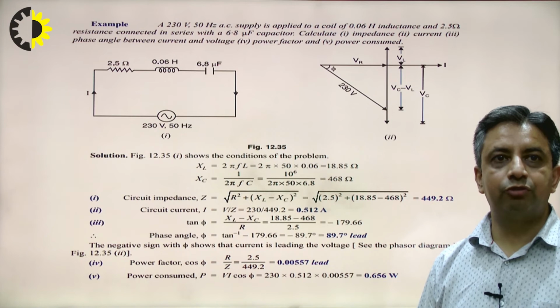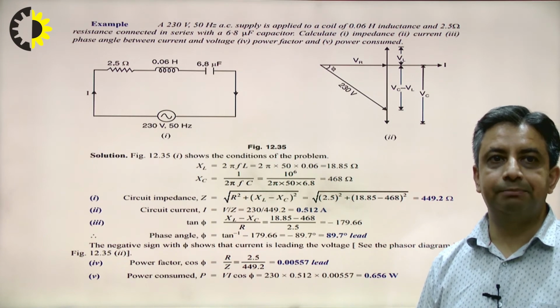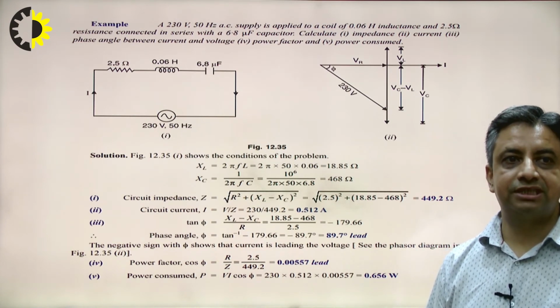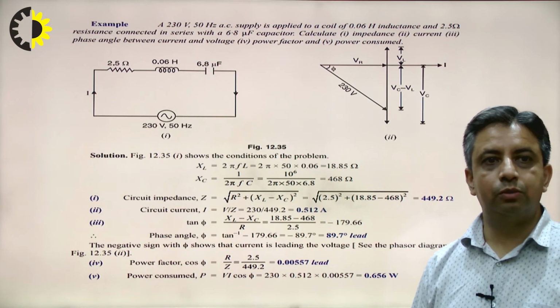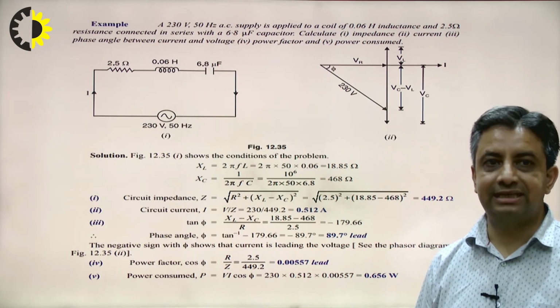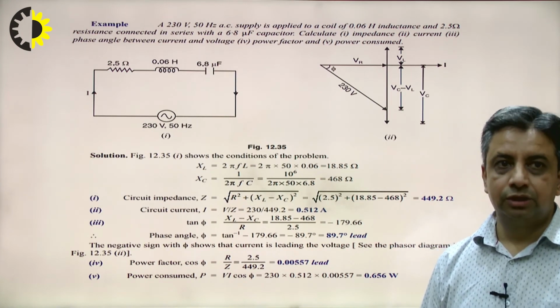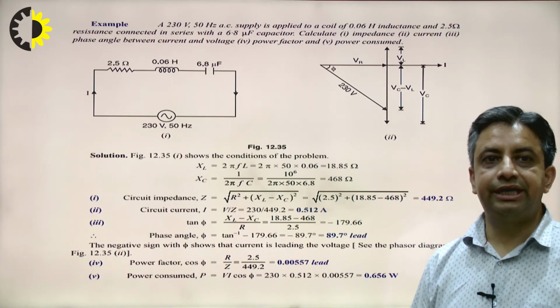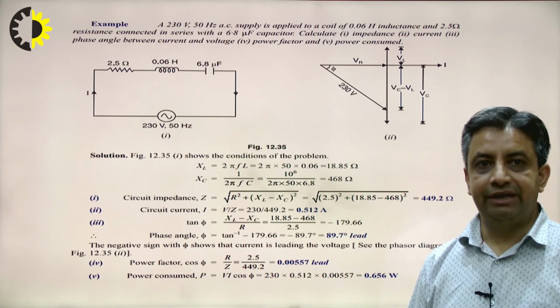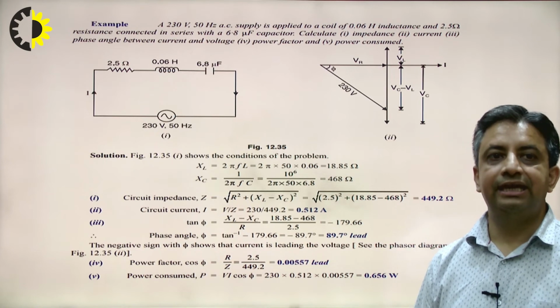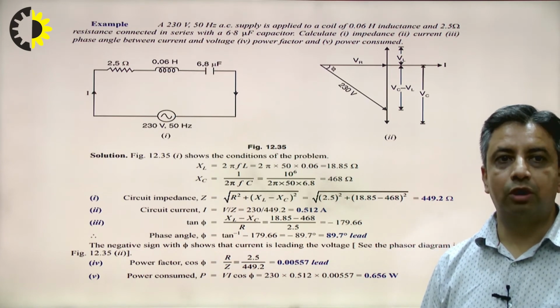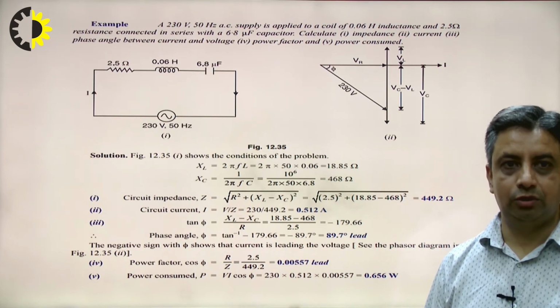So, the first part is impedance. We have derived this expression that impedance is equal to under root R square plus XL minus XC square. XL we have calculated as 18.85 ohm and XC, again using the formula, we got the value as 468 ohm.